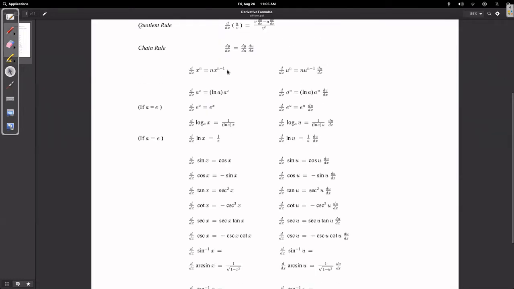So I use this one. I bring down the n here, and I have n x^(n-1). So here I use this formula to differentiate.